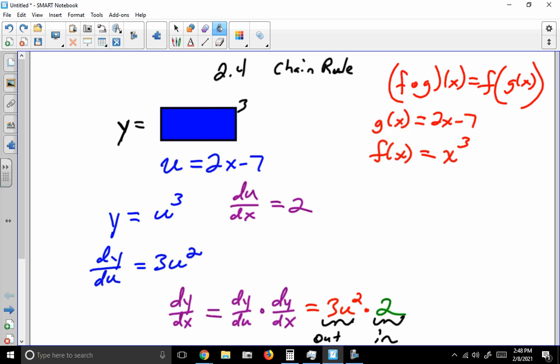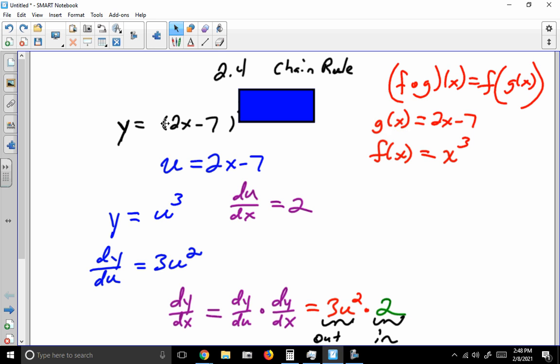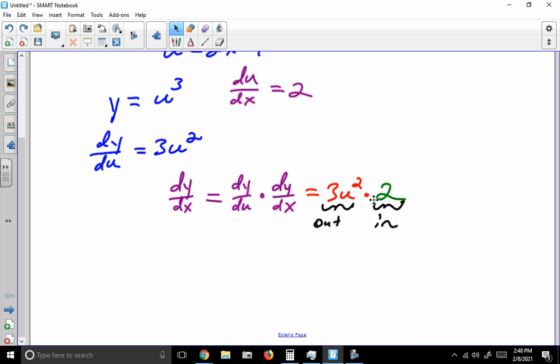So how do you take a derivative of a power? We bring the power down to the one less power. And then we have an inside component, so we take the derivative of it. But how do we put them together? We put them together, multiply the derivative of the outside times the derivative of the inside.